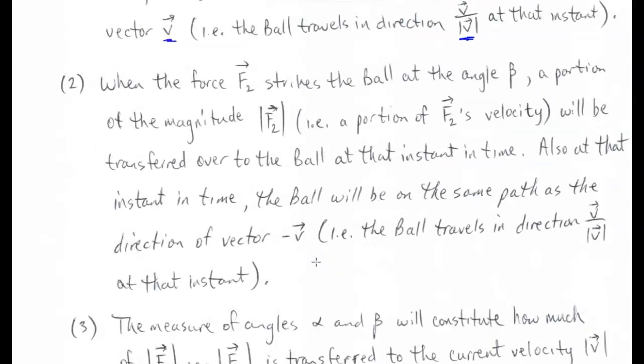When F2 strikes the ball, it's going to transfer some of its magnitude over to the ball. Also, we know that the ball will be on the same path as the direction of vector minus V. And that's because the angle beta, even though I use it as a reference angle, is such that the direction of the actual outcome should be negative.